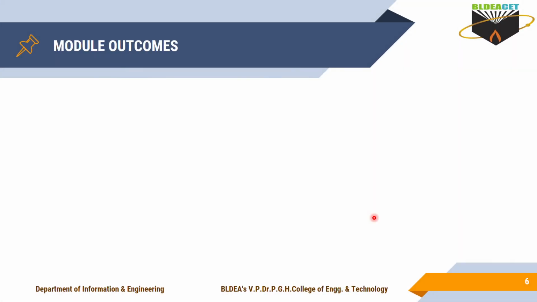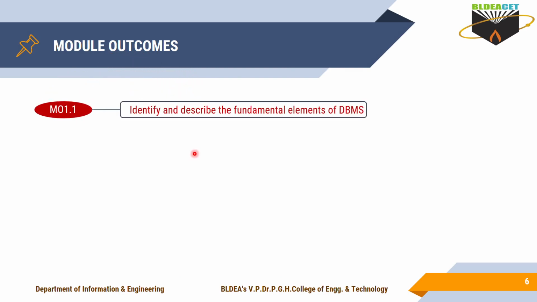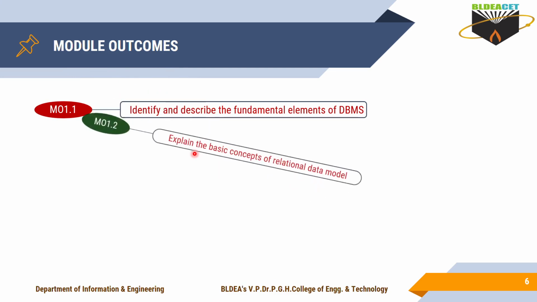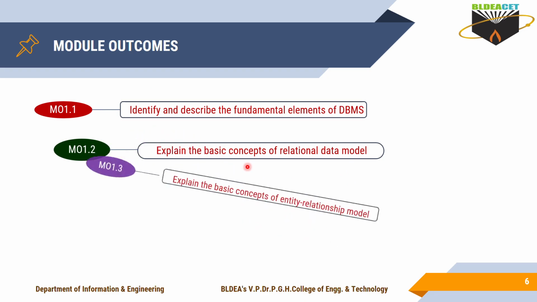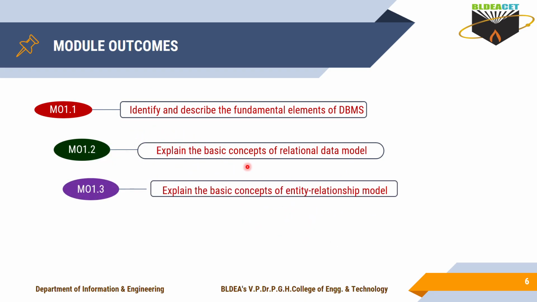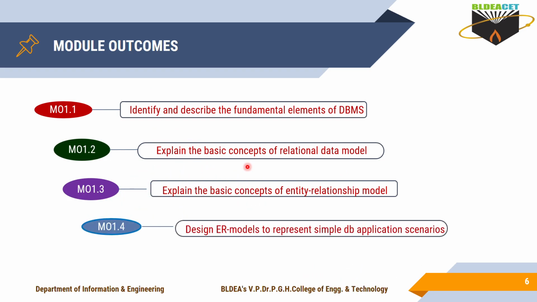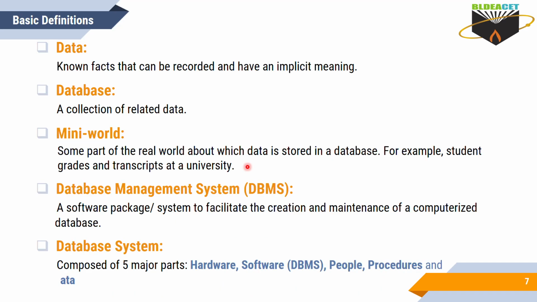After learning this module, you will be able to identify and describe the fundamental elements of DBMS, explain the basic concepts of the relational data model, explain the basic concepts of the entity relationship model, and design ER models to represent simple database application scenarios.